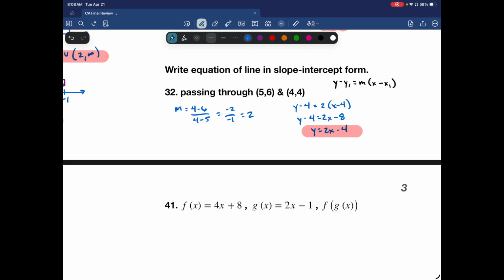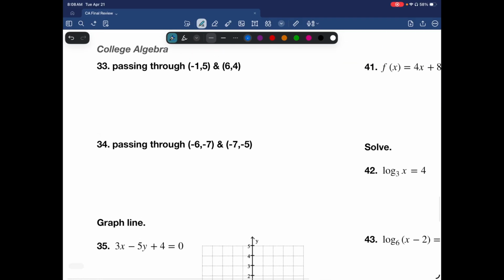All right, same thing on 33 and 34. So on 33, slope is 4 minus 5 on top, 6 minus -1 on the bottom. It's going to give me -1 on top and 7 on the bottom. Okay, so let's say I got y minus 4 equals -1/7 times x minus 6.